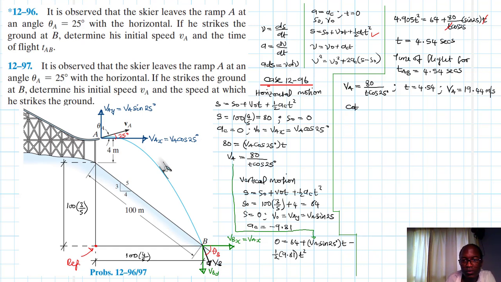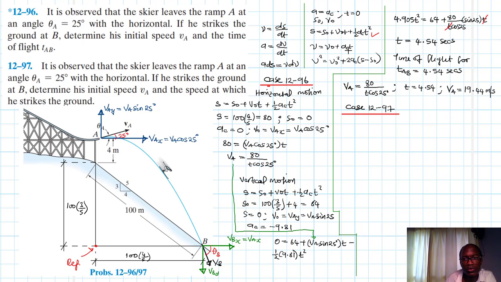So let's go to case 2, which is 12-97. Alright. In this particular case, we have been asked to find the speed at which it strikes the ground. Here we'll only be interested to find VBY, because VBX is equal to VAX.